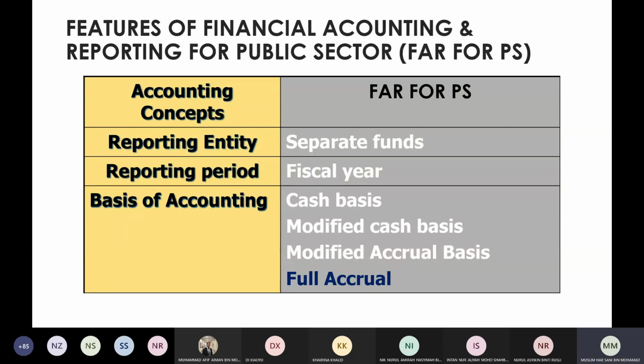For cash basis, simply because the budget is allocated on a cash basis, so the reporting for the budget is also under cash basis. Modified cash basis, we'll discuss that, is also applicable in the case of the Malaysian government. And then modified accrual, full accrual. So not only full accrual, but there is modified accrual. I think we'll discuss the items later.